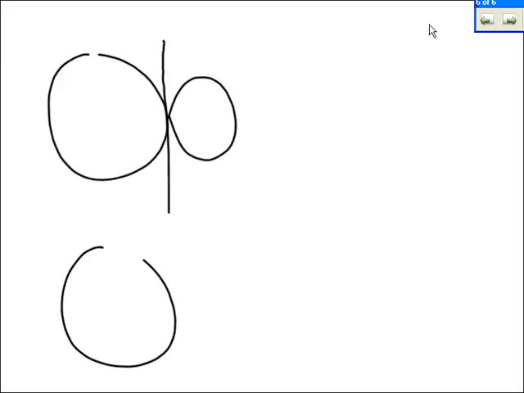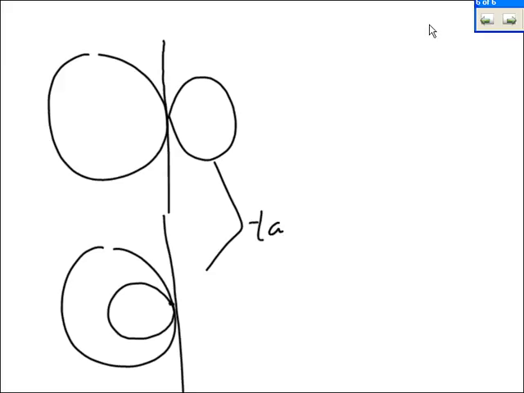This circle and this little circle, they meet at one point. At this point, there's a tangent line. The top two are tangent circles, and the bottom two are tangent circles.